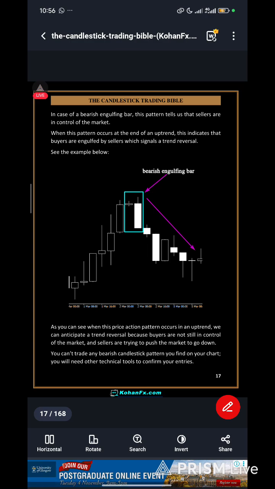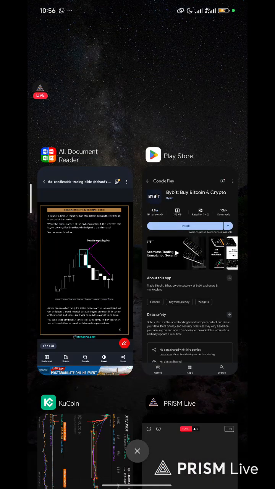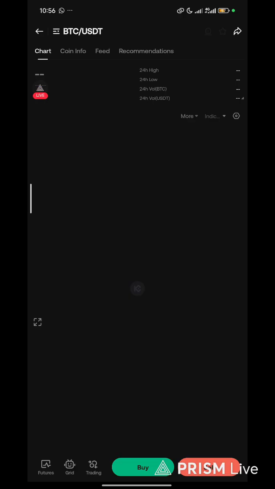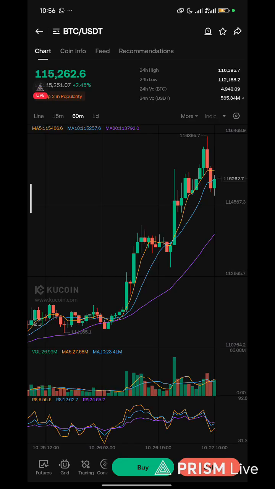What we mean by trade reversal is, market was trending up from $100 to $200, from $200 to $300, like that. Okay, it was trending. It was in an uptrend. All of a sudden, the buyers were engulfed by the sellers, which shoot out a bearish engulfing candle at the uptrend.